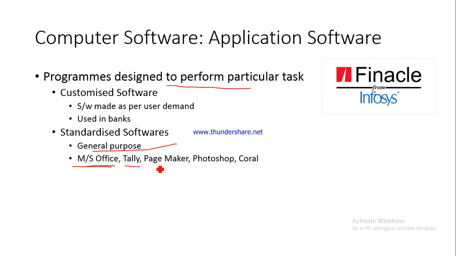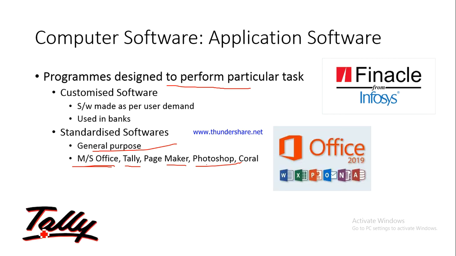PageMaker is there many times, and Photoshop. These are used for modifying images and also when you want to publish a particular book. Many times invitation cards are made on PageMaker also. So Photoshop, Corel, all these things, right? So they're standardized softwares, and then we have got the examples as well. We've got Tally, we've got Microsoft Office 2019, right?